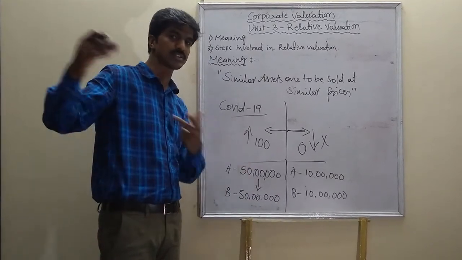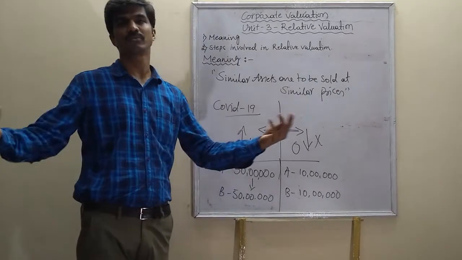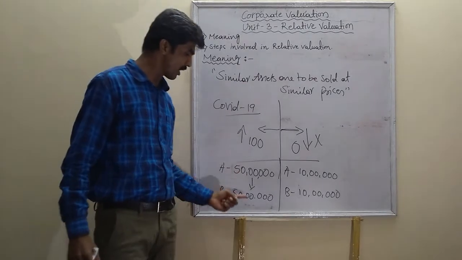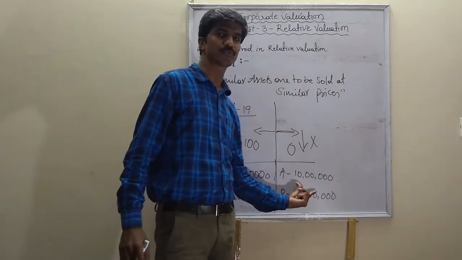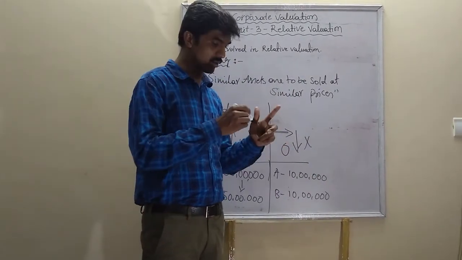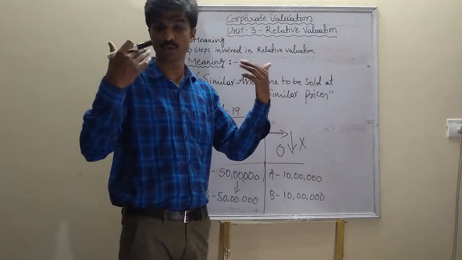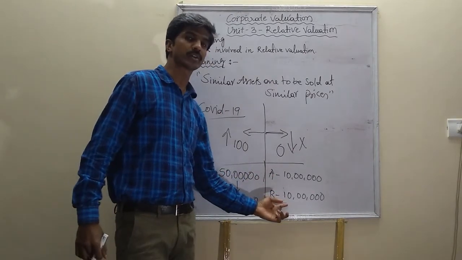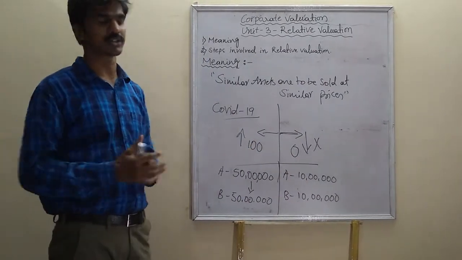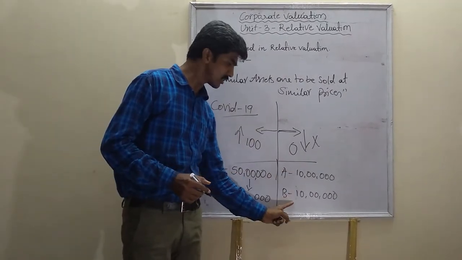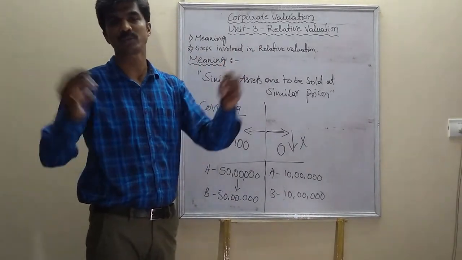If A, my neighbor, is selling the flat at 50 lakh rupees, because it's not a long distance, my flat also can be sold at 50 lakh rupees. Now, due to the impact of COVID-19, my neighbor's flat is selling at 10 lakh rupees, then the same impact is on me also, then my flat could also be selling at 10 lakh rupees only. Nobody can deny it. So my side selling at 50 lakh, my neighbor selling at 10 lakh, it's impossible, next to impossible I can say.